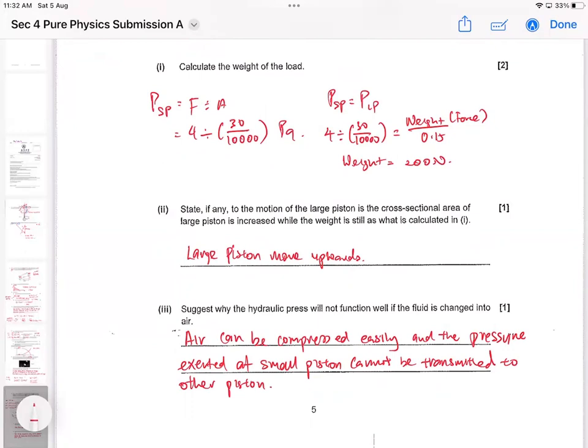Okay, remember all these are work done, because you have used energy to push the small piston. So this energy will be transmitted equally to the larger piston.